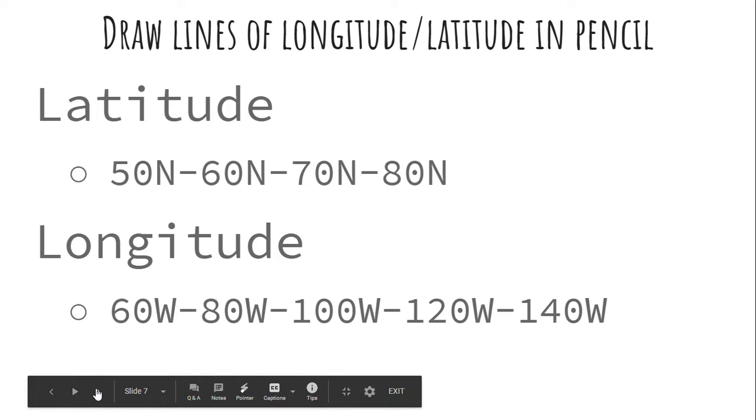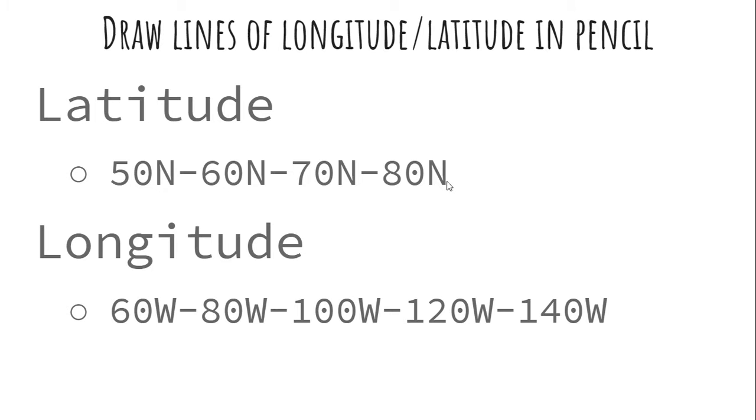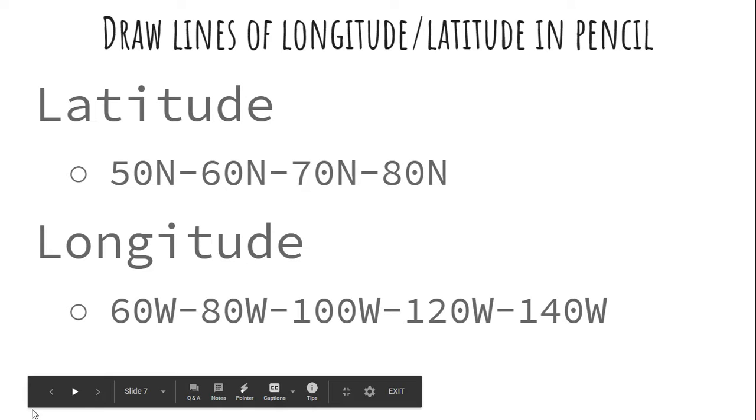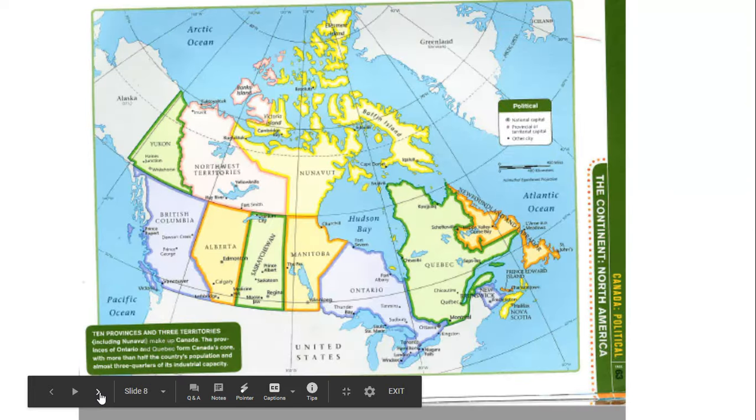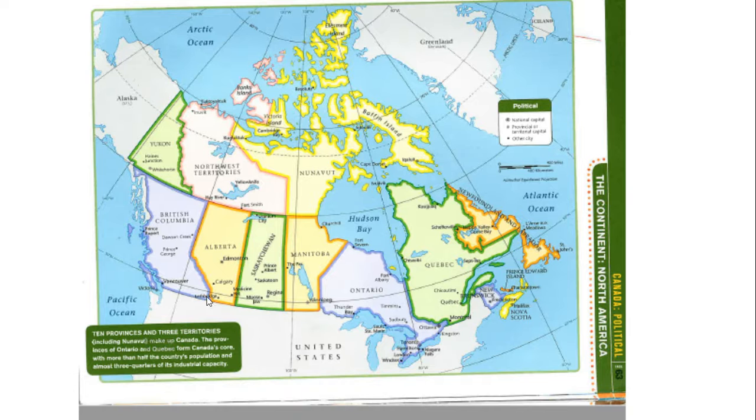Drawing lines of latitude and longitude is a little bit challenging. You want to be as accurate as possible, and so I'm going to help you right now by using Rand McNally. But this image here that is attached with Google Classroom does show you 50, 60, 70, 80.